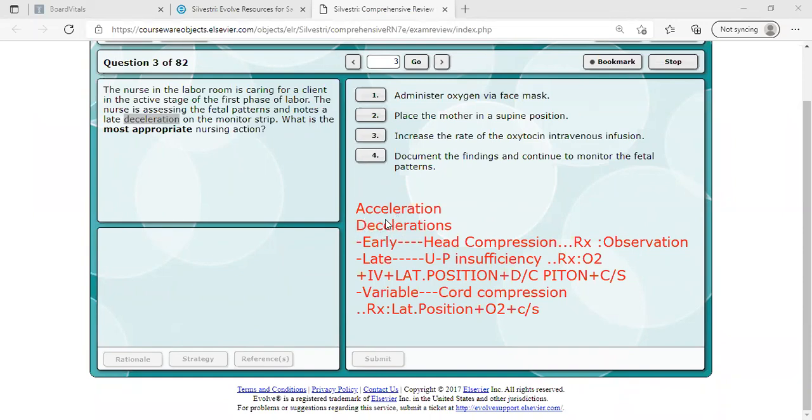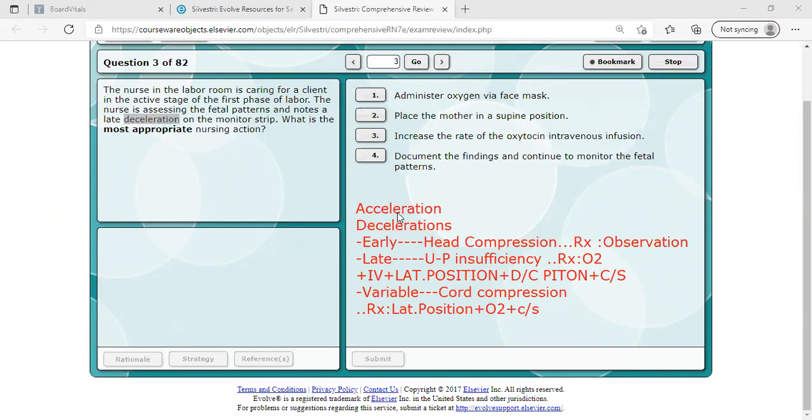An acceleration is an abrupt increase in the fetal heart rate above the baseline, with onset to the peak of acceleration less than 30 seconds, and less than 2 minutes in duration.